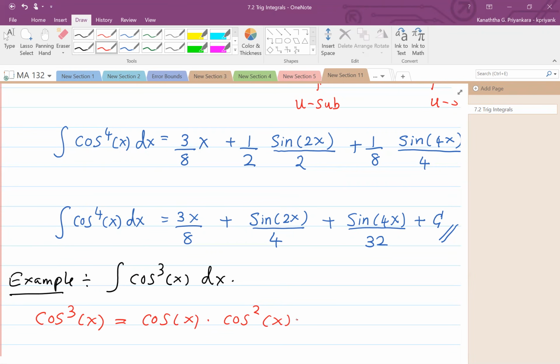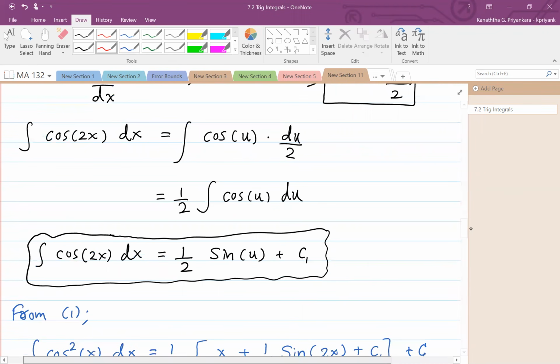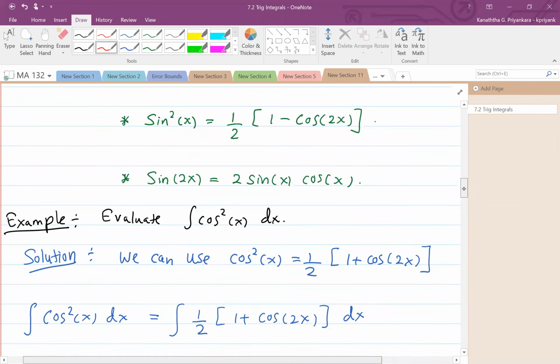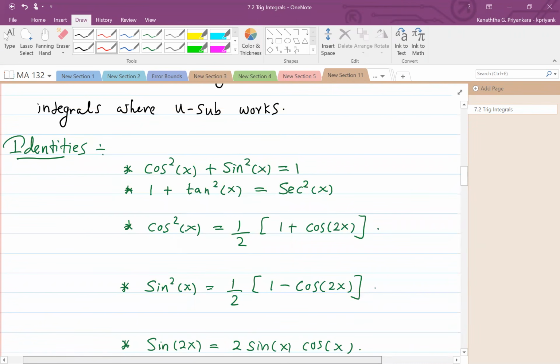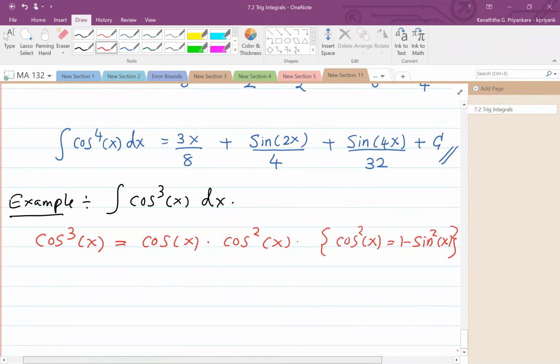So I will rewrite cosine squared x as 1 minus sine squared x. I got this from the first identity: I brought sine squared x to the other side, so cosine squared is 1 minus sine squared. That's how I got this identity.